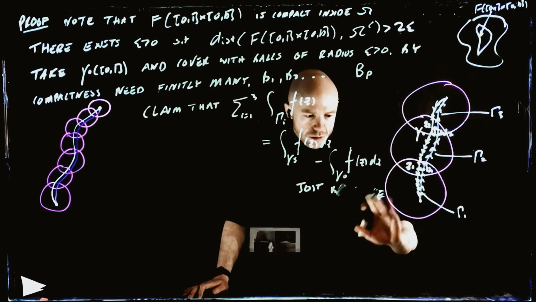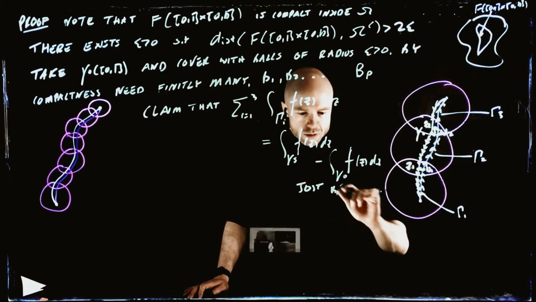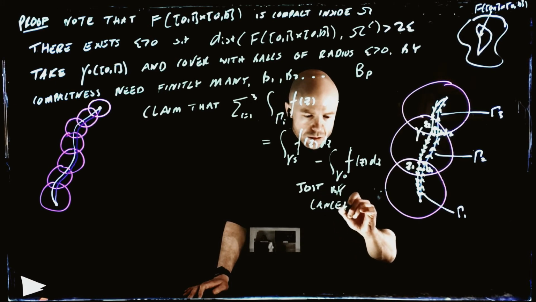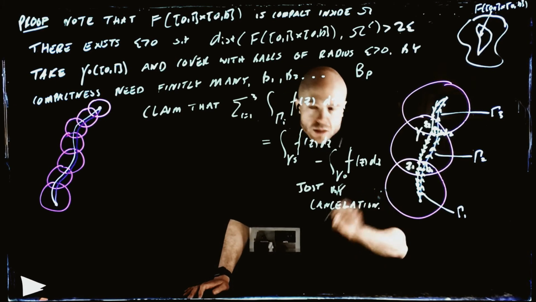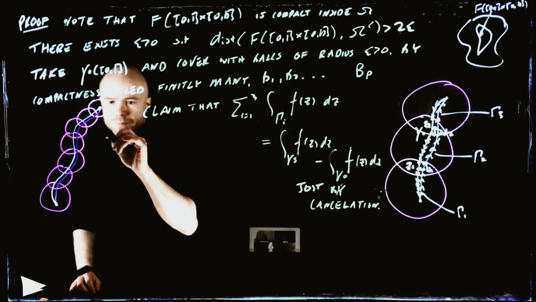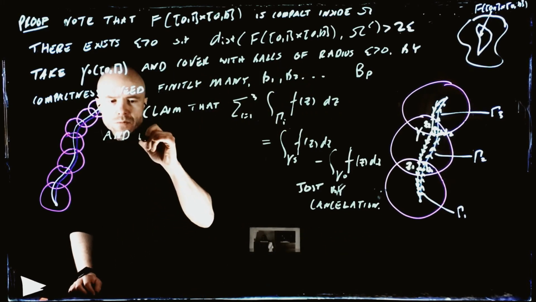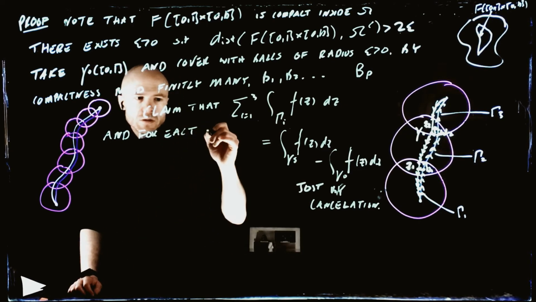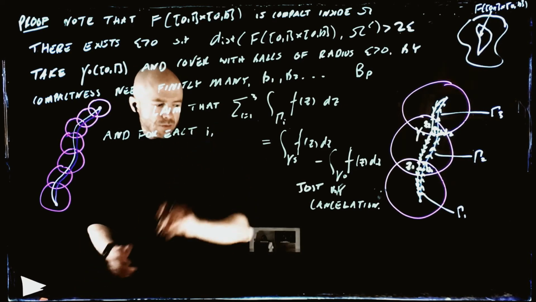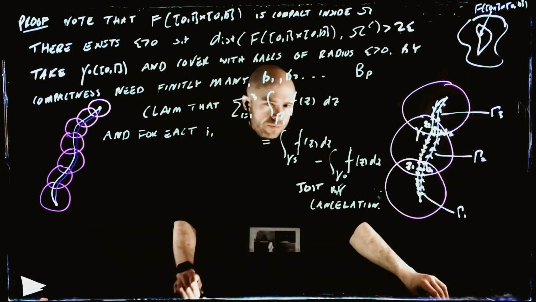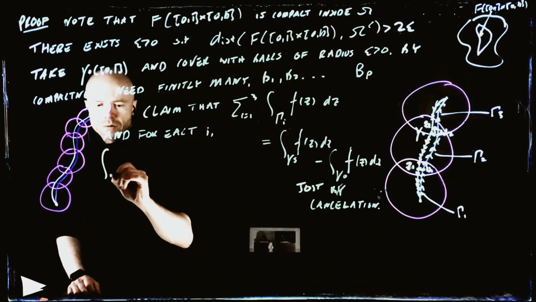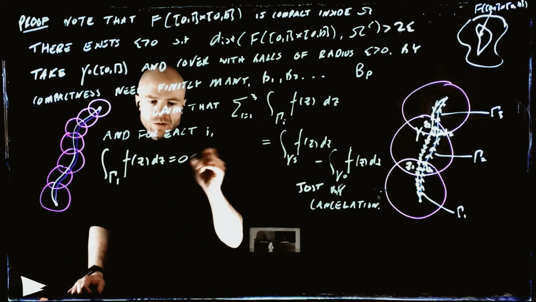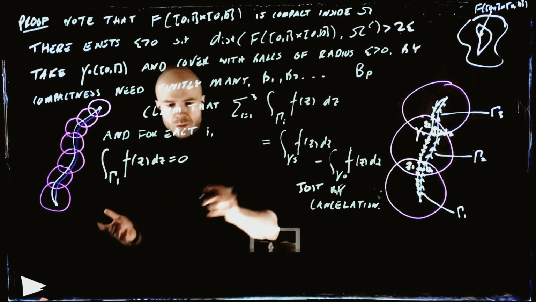And for each i, we actually have that the integral over gamma i of f of z dz is equal to 0 because it's a closed path inside a ball.